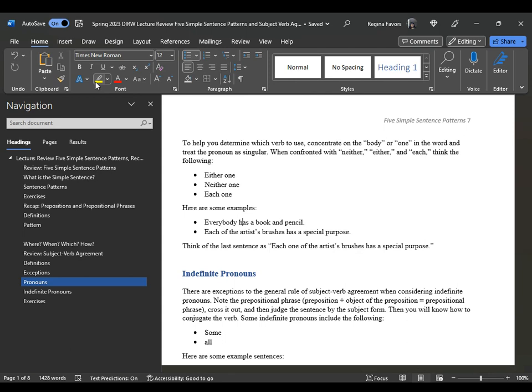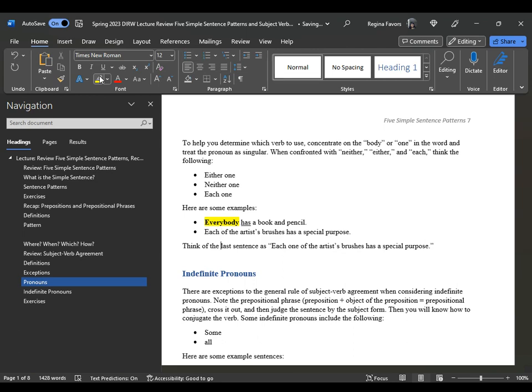So again, when we look at book and pencil, we want to automatically think plural, right? But we're looking at the subject of the sentence here, and that's a pronoun and it's considered singular. So therefore, the verb has to be singular. Each of the artists, if you ignore of the artists, which would be a prepositional phrase, and just looked at brushes, it would help you.